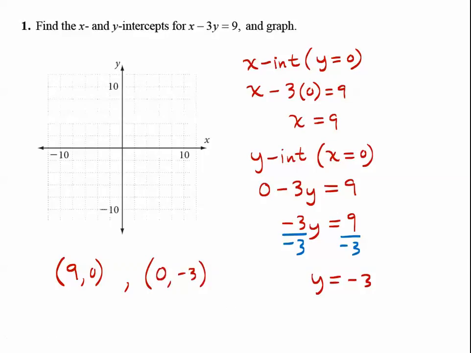If we can get those 2 points, we're doing good. Cool. So (9, 0) would be about right here.